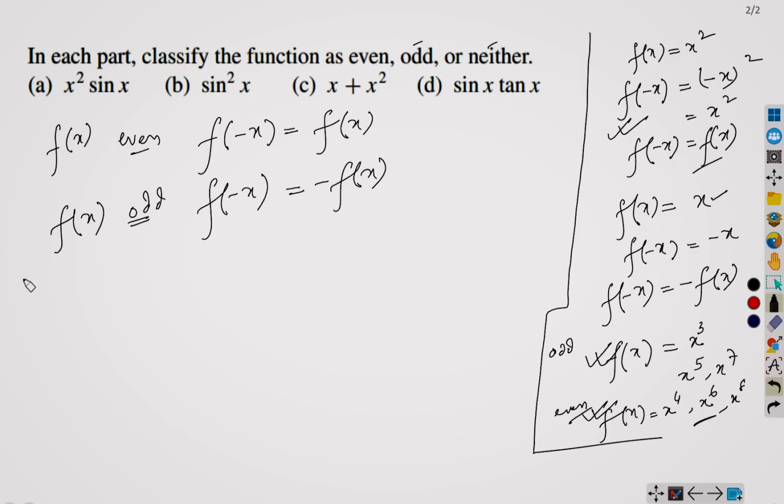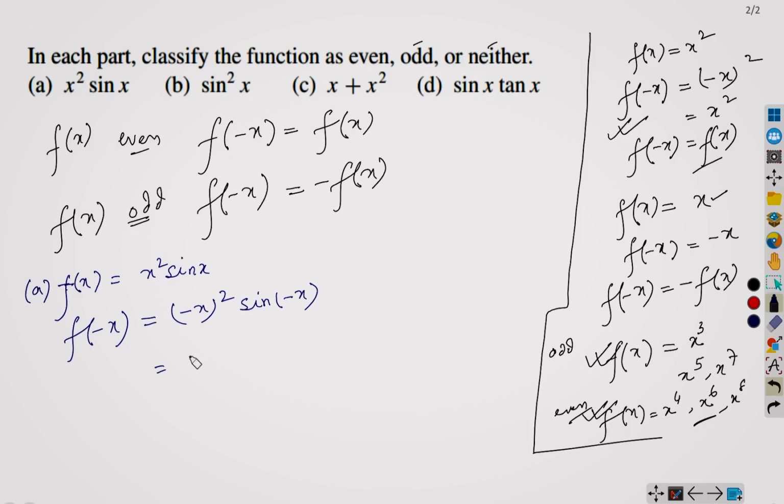So let's check the first one. Let's take some different color. We have a. Let's take f of x equals x square sine x. Now from the definition, let's replace x by minus x. Then here we obtain minus of x whole square sine of minus of x.